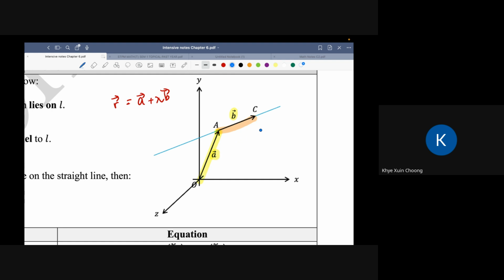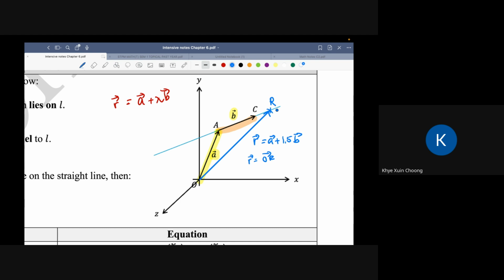So if your R is over here, then your R is A plus, let's say, 1.5 B. So this R is equal to A plus 1.5 B. The R is also the position vector of this point. Let's say this point is R, then your R is actually equal to OR, the position of this point R. So this can be any point on the line.